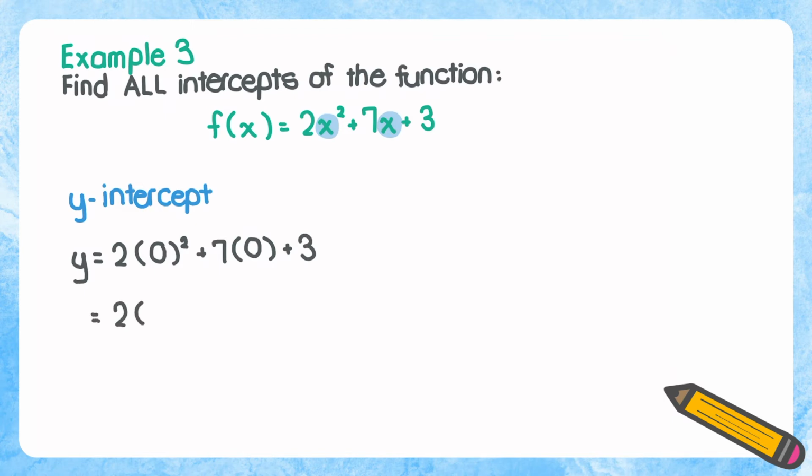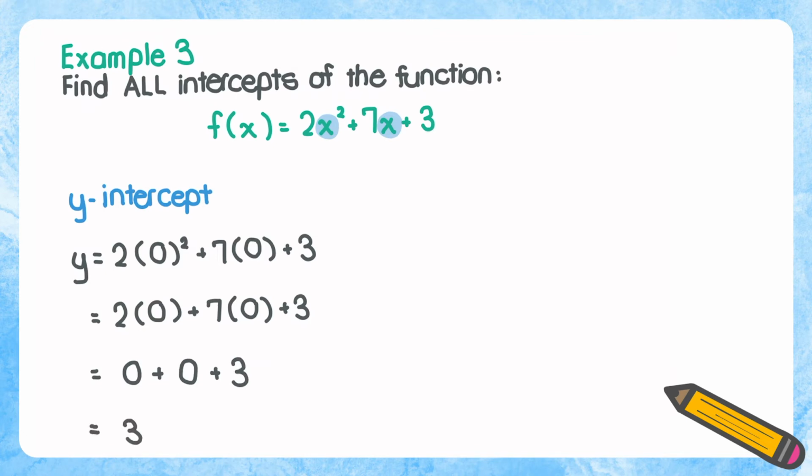0 squared is 0, so I have 2 times 0 plus 7 times 0 plus 3. And eventually you might not have to go through each step, but I'm just going over it just in case. All right, so 0 plus 0 plus 3 is 3.